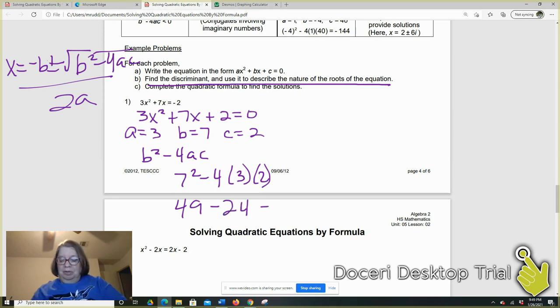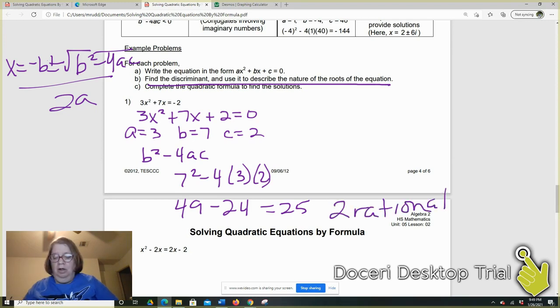So the discriminant is 25. That is positive and a perfect square. If you look back in the chart, it says that positive and a perfect square is 2 rational roots. That means we're going to have 2 normal numbers.